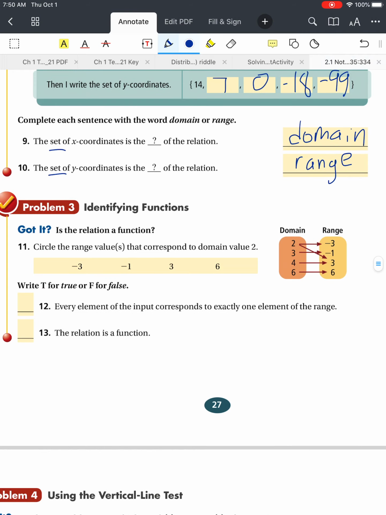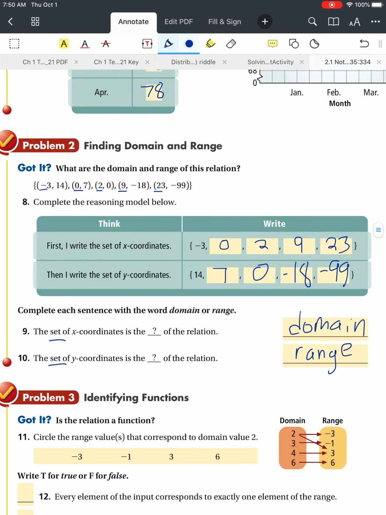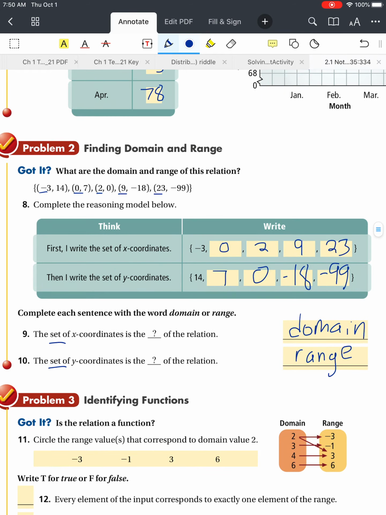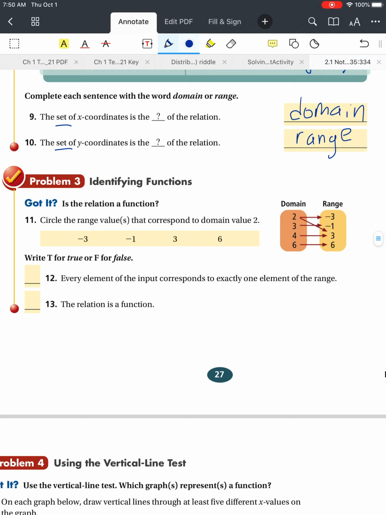Okay, identifying a function now. So far we've just kind of been having relations, and now this is a special type of relation, a function. It's a more specific type, where, if you remember from the very first thing we talked about, each input has exactly one output, okay? So let's see if we can figure one out.